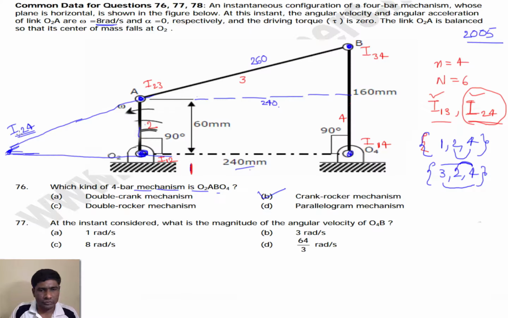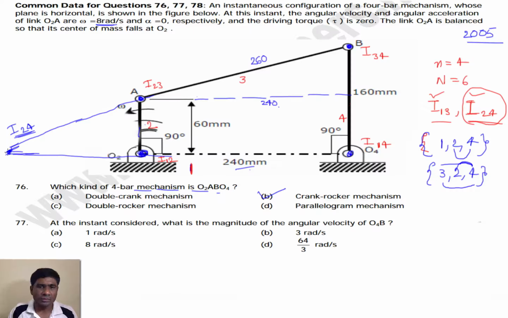We also know the meaning of instantaneous center 2 and 4: at this instant, links 2 and 4 are rotating about this instantaneous center. That means the relative velocity of link 2 and link 4 at this point is 0.